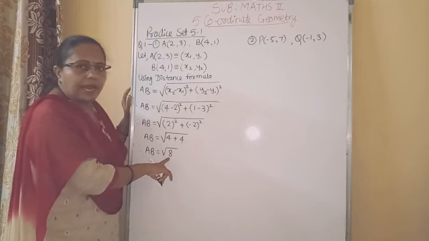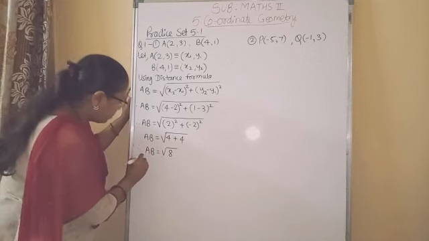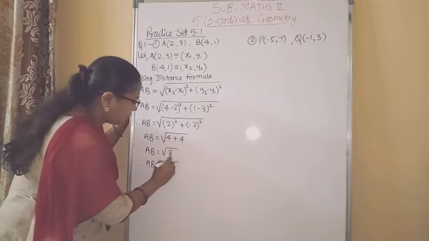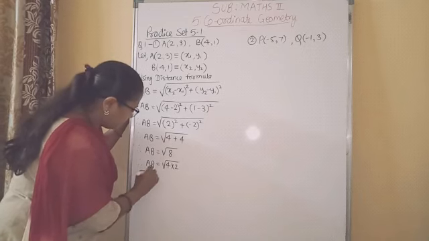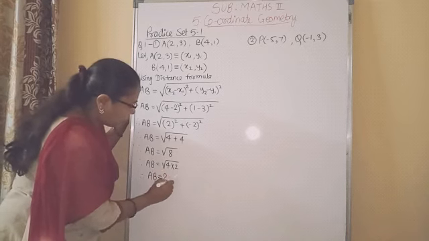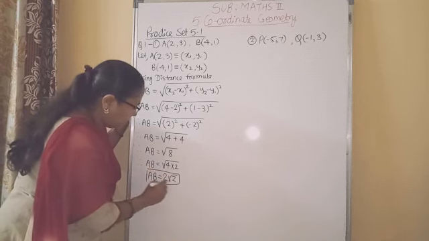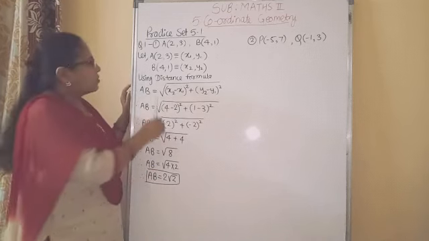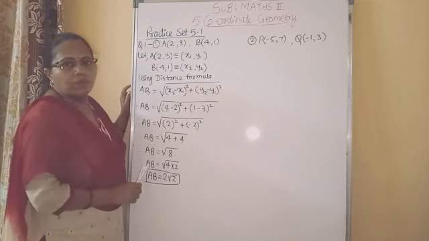So, the factors of 8 are 4 into 2. AB is equal to root of 4 into 2. So, the square root of 4 is 2. So, AB is equal to 2 root 2. Okay. So, the distance between points A and B is 2 root 2.